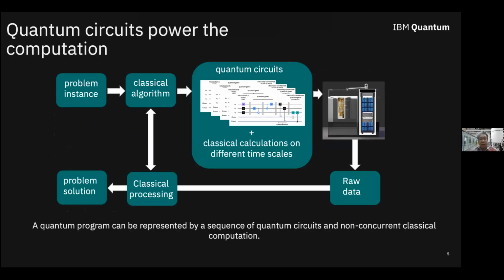The model we're driving towards in terms of how circuits are consumed is a framework where the quantum computer is not on its own. You have a problem which is broken down into parts best handled on a classical computer, as well as other parts broken down into collections of quantum circuits that are run on real quantum hardware.